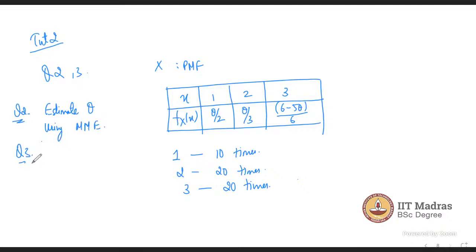And in problem 3, you have to estimate using the maximum likelihood estimate. So let's try to do this problem. We'll give you 2 to 3 minutes, then we can discuss.